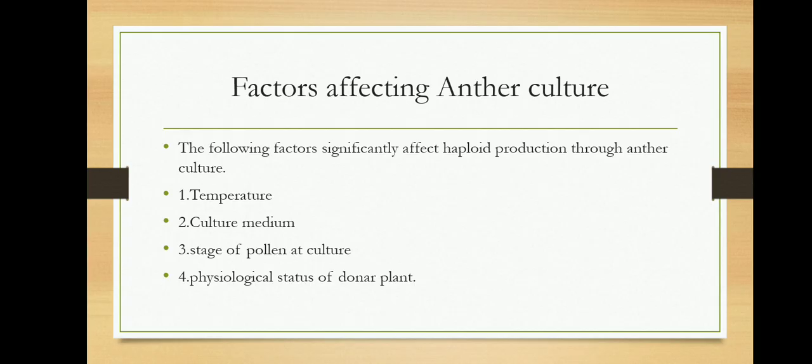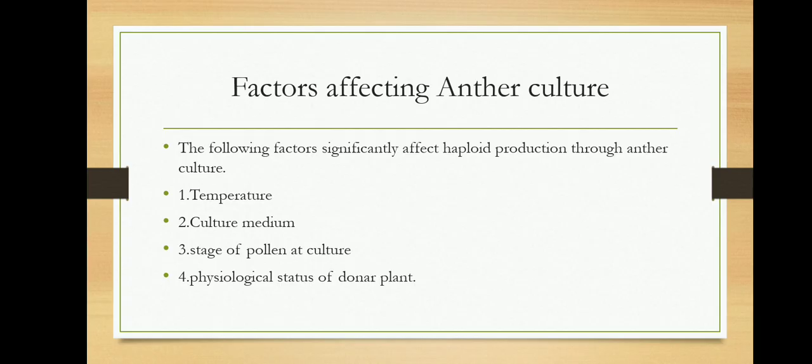The next factor is the physiological status of the donor plant or the selection of anthers. The anthers which have uninucleate pollen grains are the most convenient for anther culture. For the maximum production of pollen plants, the appropriate stage of microspore development varies with the plant species.